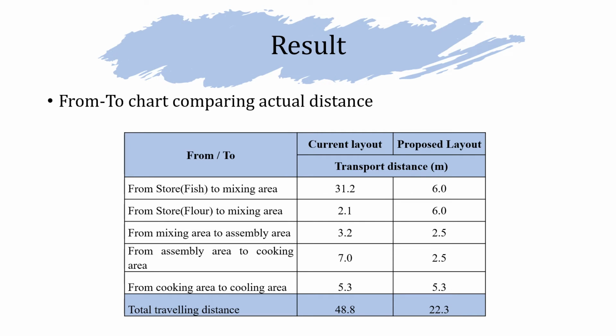After that, from assembly area to cooking area, it takes 7.0 meters for the current layout and 2.5 meters for the proposed layout. Lastly, from cooking area to cooling area, the distance is the same for the current and proposed layout, that is 5.3 meters. Total travelling distance is reduced by about 14.3 meters from the current distance.